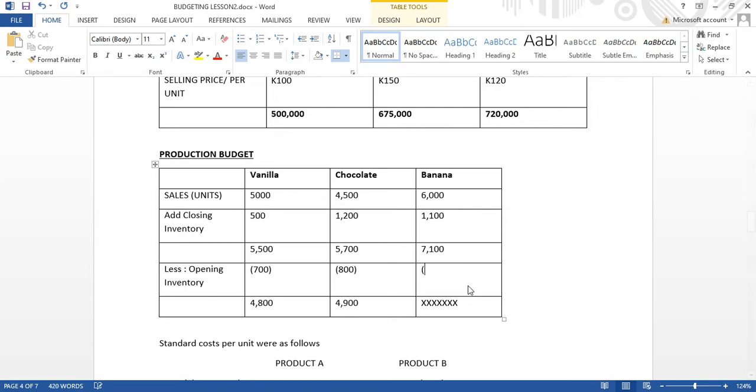Then banana, 900 units here, so it's 7,100 minus 900, 6,200 units. So we are done with our production budget. This is how many units of each flavor we need to produce. The next budget we go to is the materials usage budget.